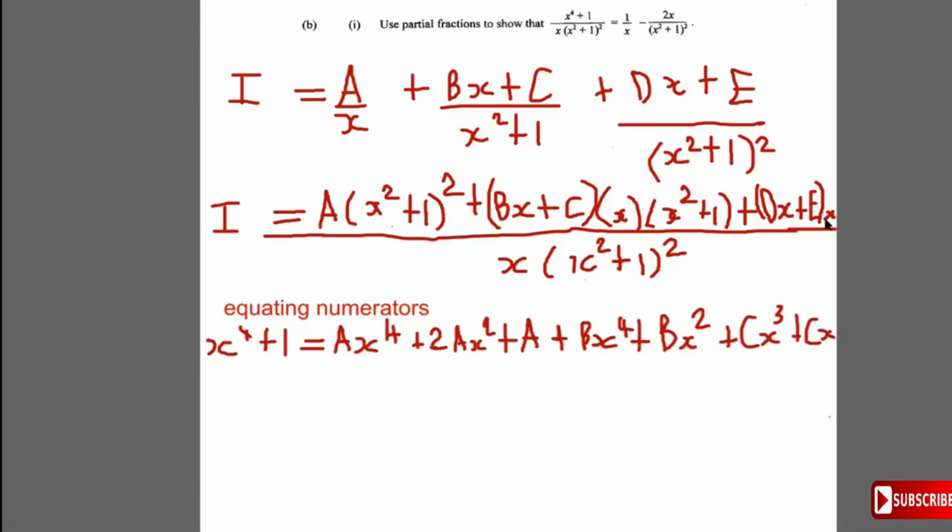And then I have Dx times x is plus Dx squared, and E times x is just plus Ex. Nice.